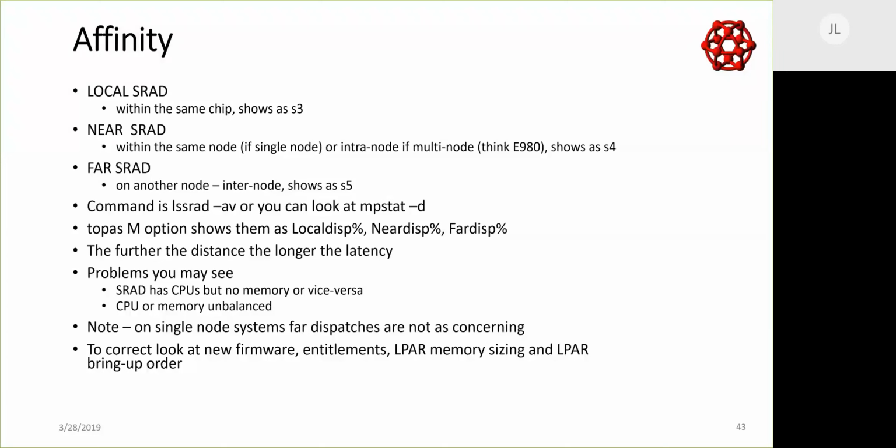This is also why when you're using these multi-socket and internode systems, sizing your LPARs becomes important. So as an example, if your socket is a 16-core socket, if you can keep your LPARs to 16 cores or less, you have a much better chance that that LPAR is going to be assigned 16 cores on the same socket, which means that initially it will get assigned the memory DIMMs that go with those cores, and you're going to get better performance than if you go to that 17th core and now you've always got at least one core on a different node.